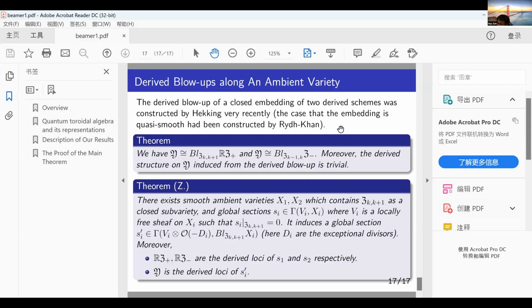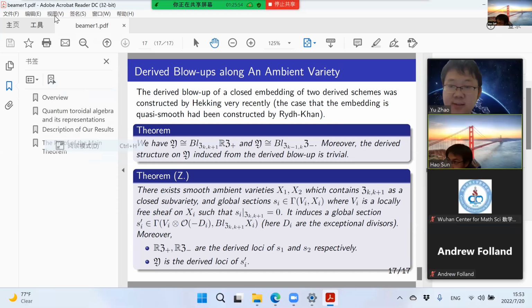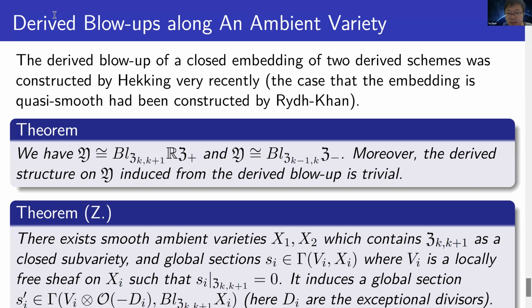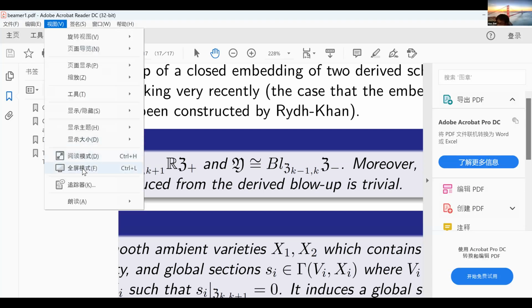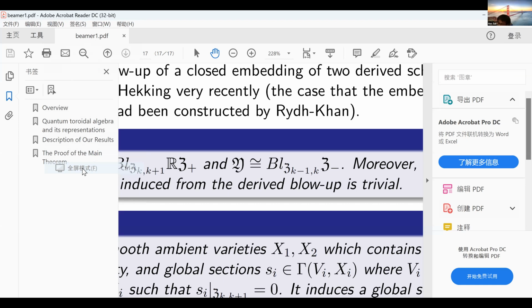Probably let me ask a question. At the beginning of the talk, you were talking about the quantum toroidal algebra, and it seems that the tautological bundle of the nested moduli space will play a role as something like the generator of the quantum toroidal algebra, right?